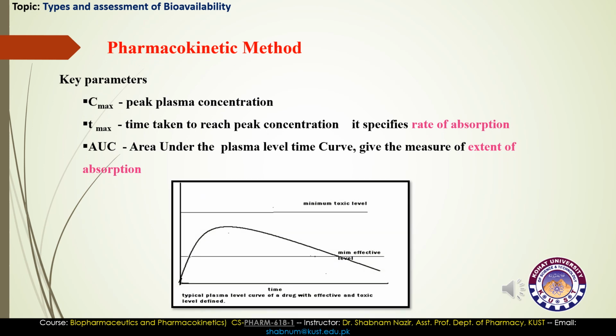So, as I just mentioned, in case of pharmacokinetic method, we perform the plasma level versus time studies in which the plasma level of the drug is plotted versus time, and then you obtain a curve.